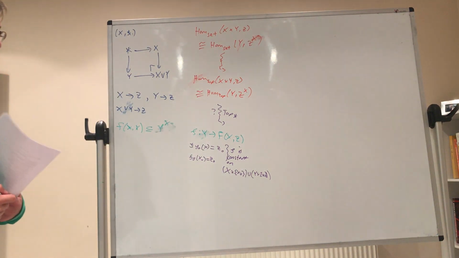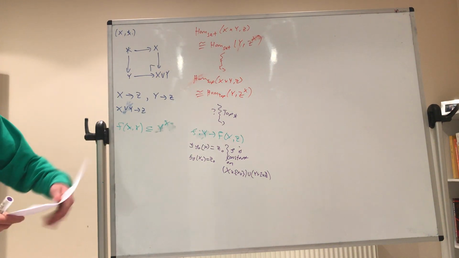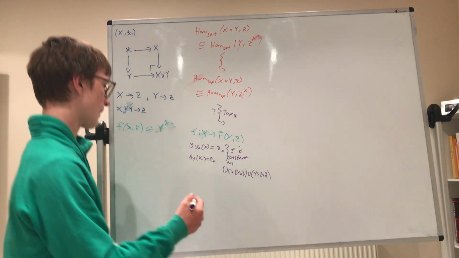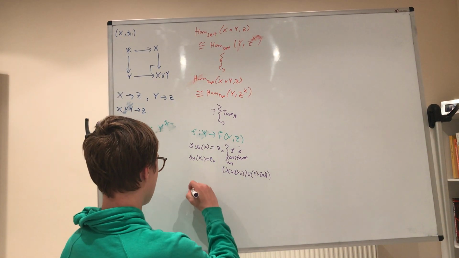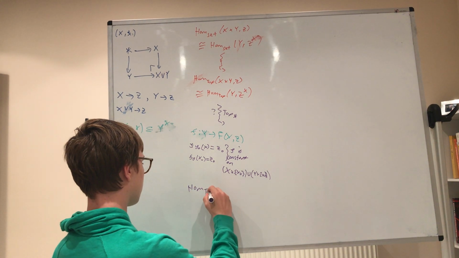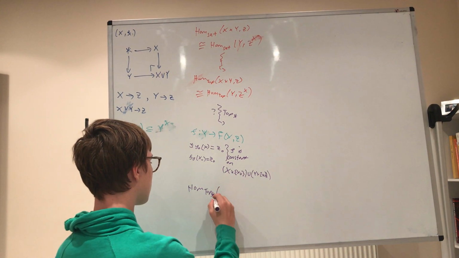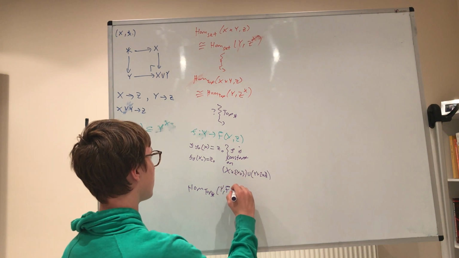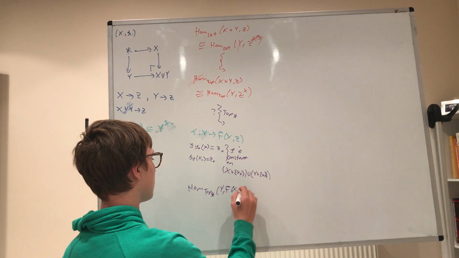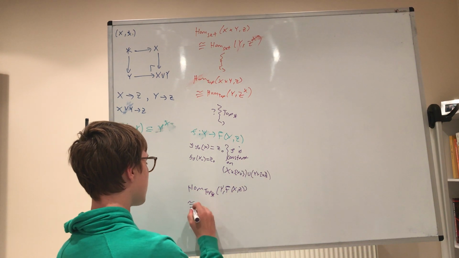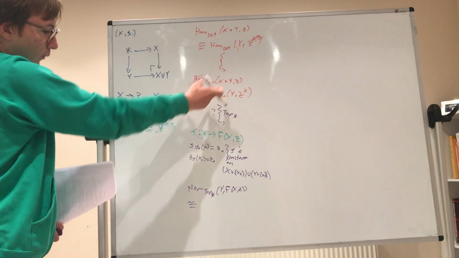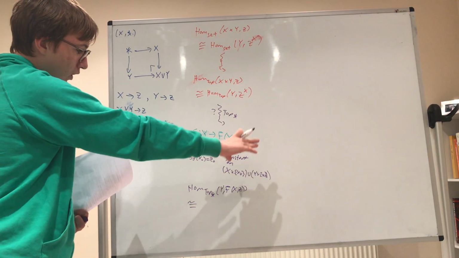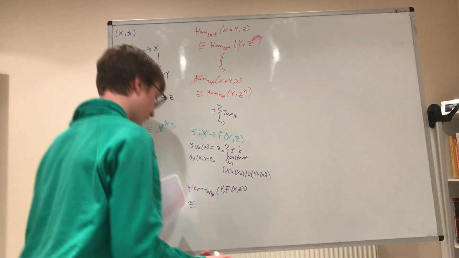And so, the adjunction will become Hom Top star of Y, F of X, Z is in bijection with, and now we'll have X cross Y modulo this stuff, or in other words, X cross Y modulo the wedge product.